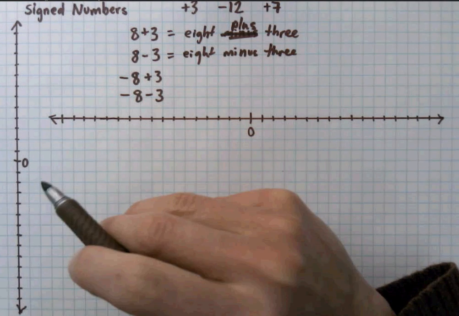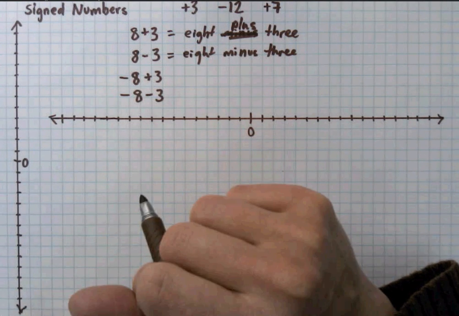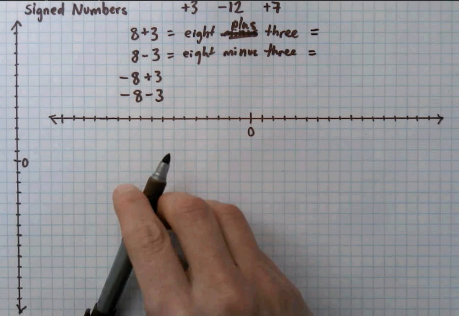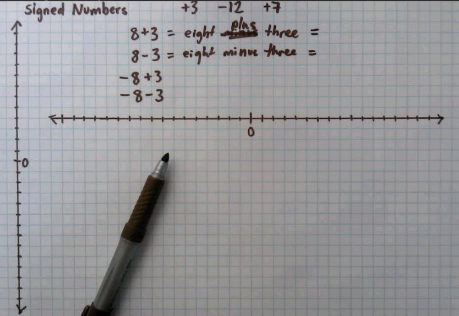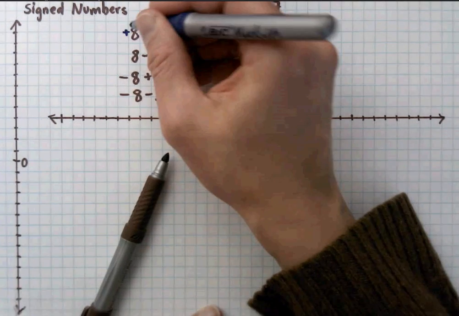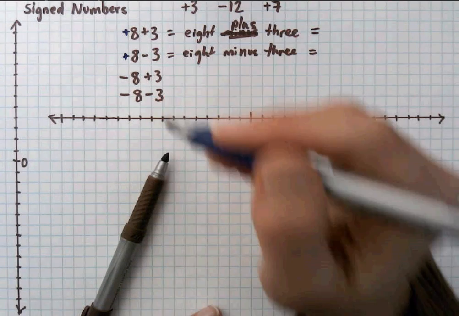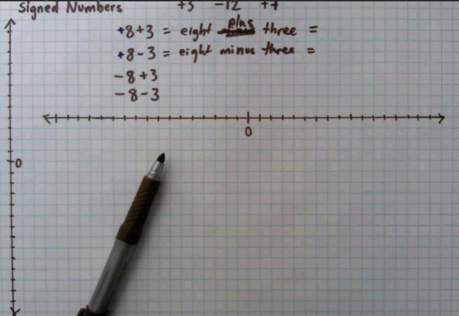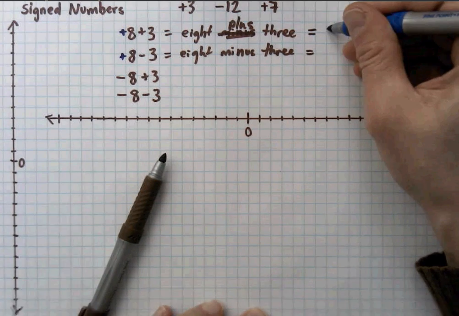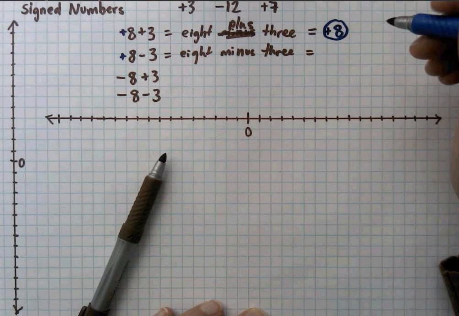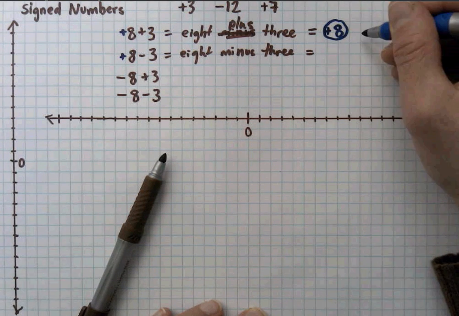And so for these problems, if we see something like 8 plus 3, we're going to give the number that has no obvious sign a sign. And we're going to rewrite the problem as a combination of two different signed numbers. In this case, a +8 being combined with a +3.